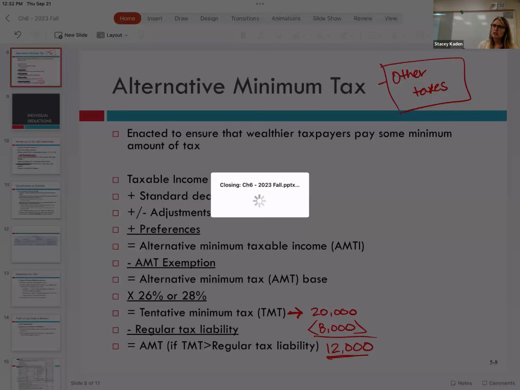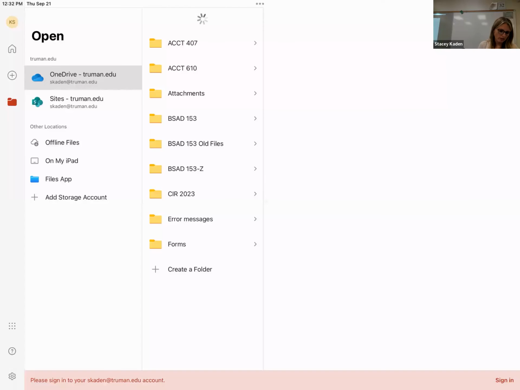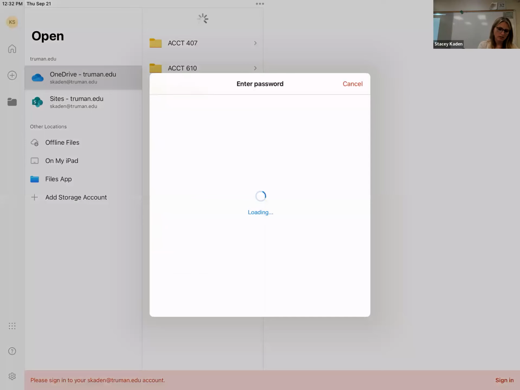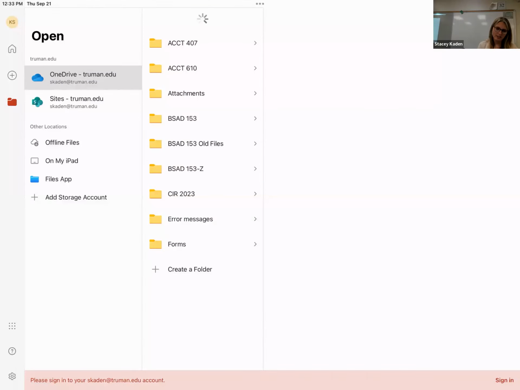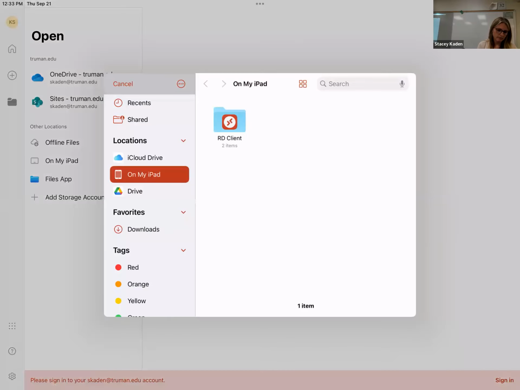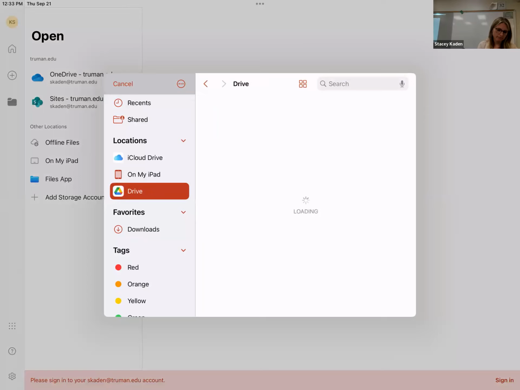All right, we'll move on to chapter 8, which is credits and payments, kind of talking about that area of the income tax formula.